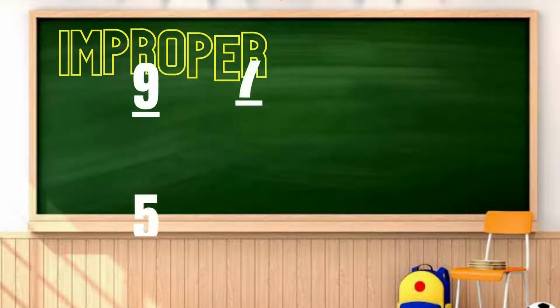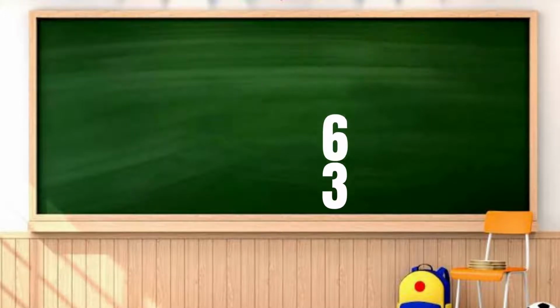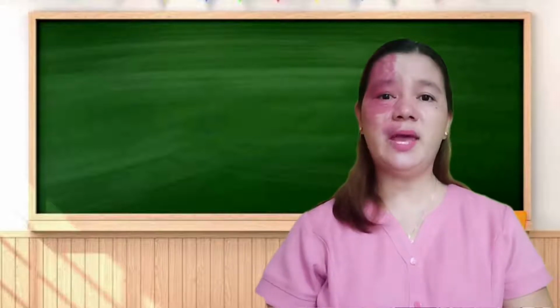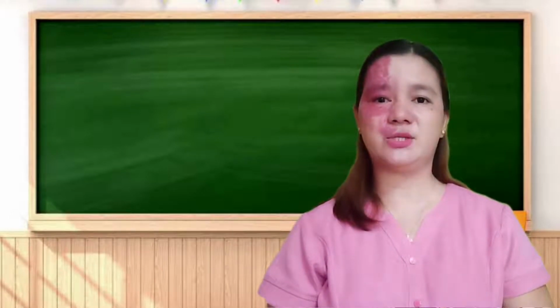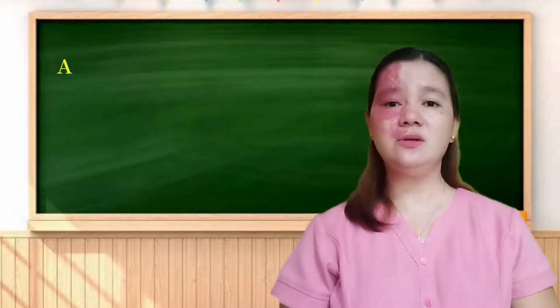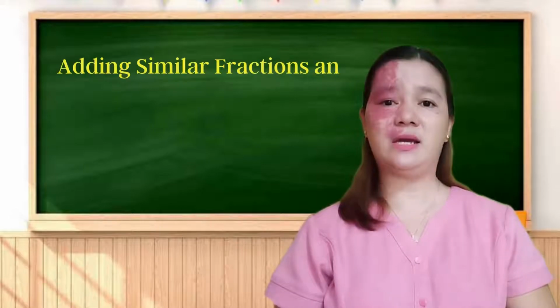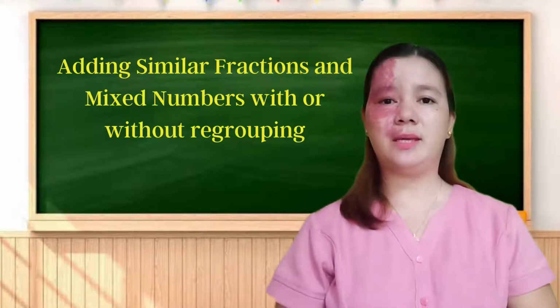Example, 9/5, 7/2, and 6/3 are examples of improper fractions. It seems that you are now ready to listen and participate in our lesson. Today's lesson is about adding simple fractions and mixed numbers with or without regrouping.